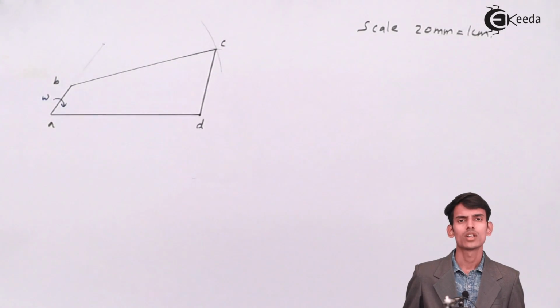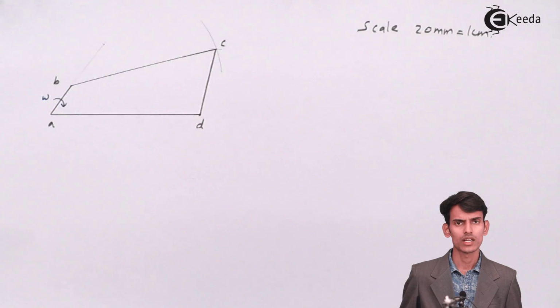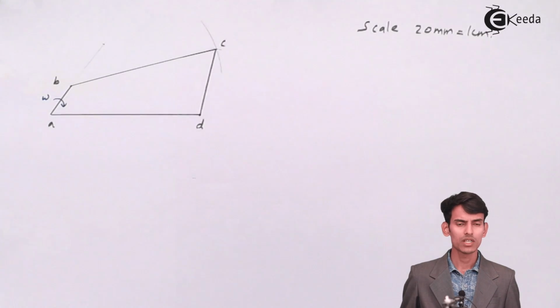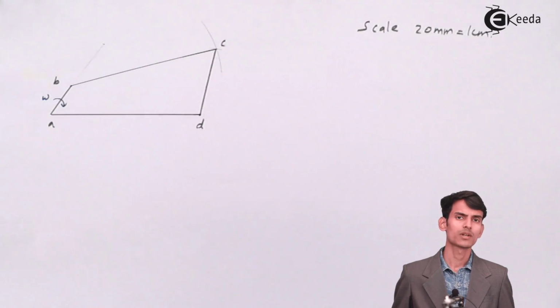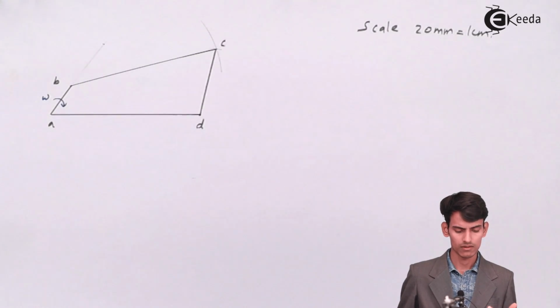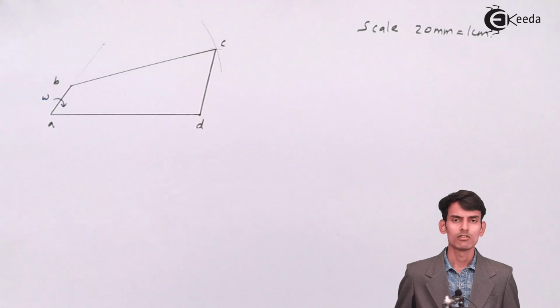If the rpm is given, you can calculate the angular velocity omega of the crank, that is 2 pi n by 60, and you can also calculate the velocity of point B with respect to point A. The velocity of B with respect to A will be perpendicular to the crank AB, in the direction in which the crank is rotating.